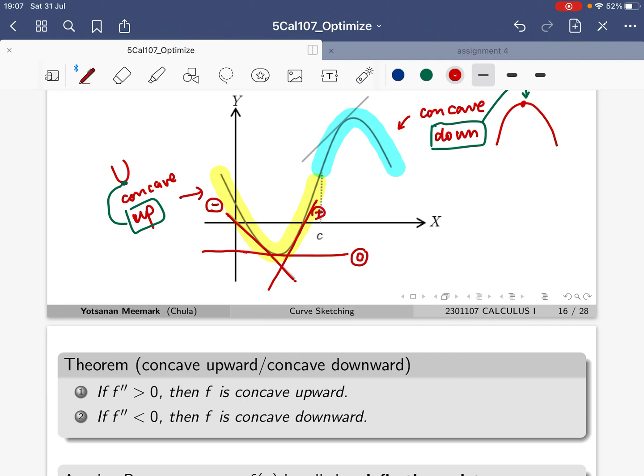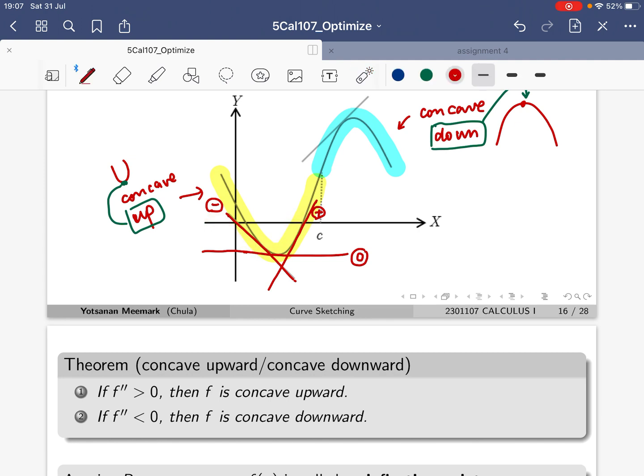So what is the change of the slope of the tangent line? It changes from a small negative value to a larger value, which is 0, and then goes positive. You see, from small to large. So the change is increasing, from a small negative value to a 0 value and to a positive value.